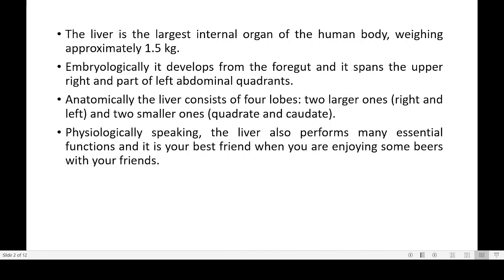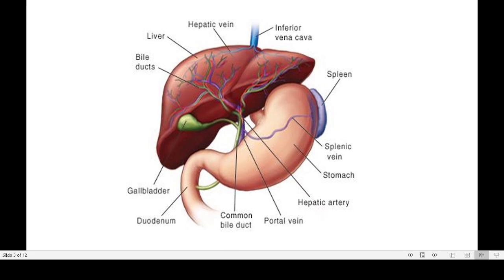Without bile, you cannot have any fat digestion in your body. So it is your best friend when you are enjoying some beer, because the digestion of alcohol is also facilitated by the bile. If there is any problem with the liver, the digestion of alcohol may not take place properly.